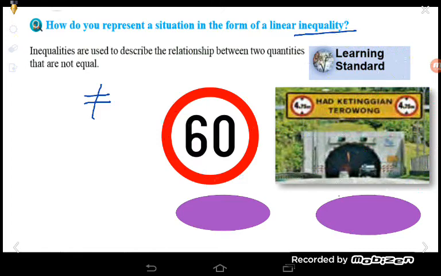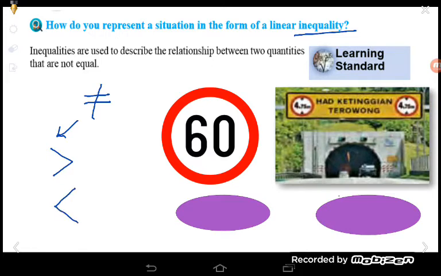Is there any other symbol for not the same? If you still remember in lower form, if it's not equal, that means it's either more than or less than.